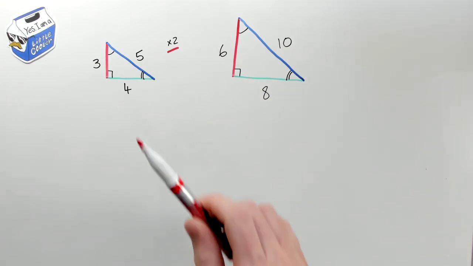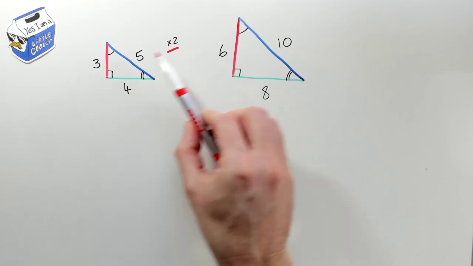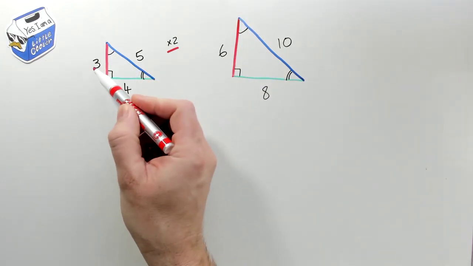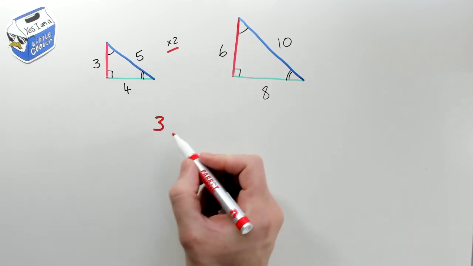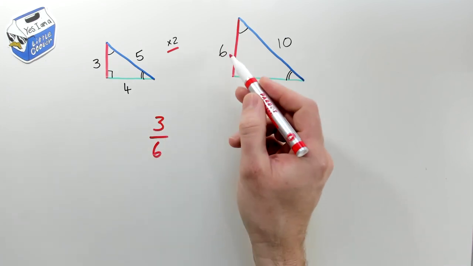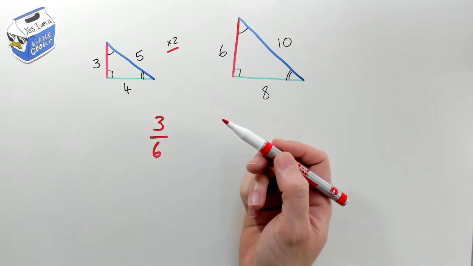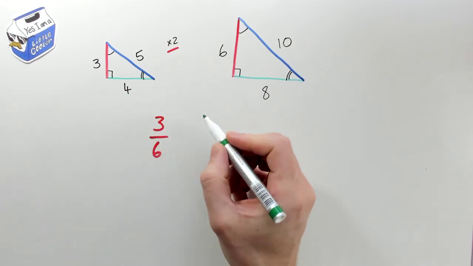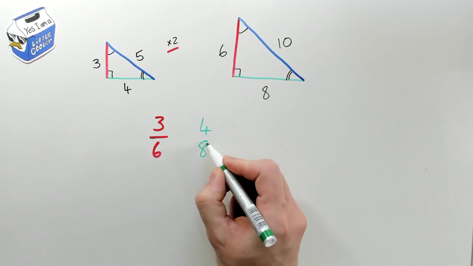One thing I can do is look at the relationship between corresponding sides. For example, if I take that length, which is 3, and divide it by 6, which is the corresponding side, I see 3 over 6 is a half, right? That is the same as if I take this side length, which is 4, and the corresponding side length is 8.